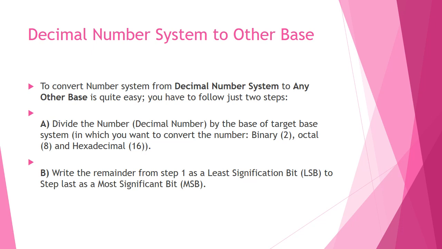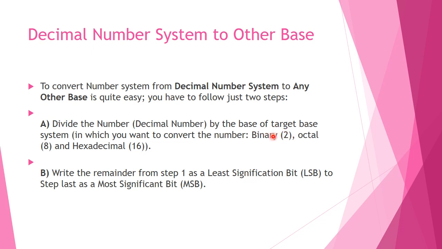First we will see decimal number system to other base. Converting from the decimal number system to any other base is quite easy. You just have to follow 2 steps. What are the 2 steps? First, divide the decimal number by the base of the target system.